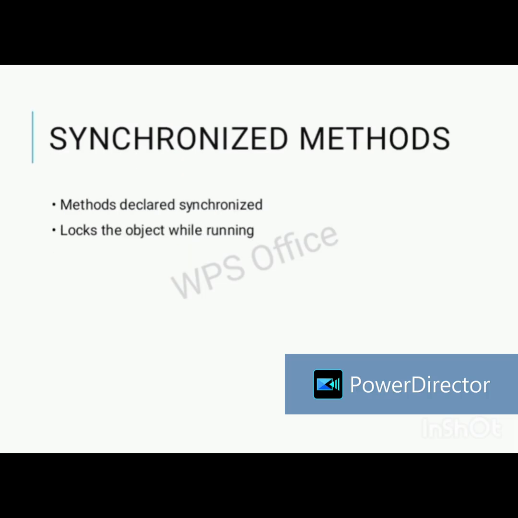Synchronized methods. Synchronized methods in Java are used to prevent multiple threads from executing critical sections of code at the same time. When a method is declared with the synchronized keyword, the thread must acquire the intrinsic lock of the object before it can execute that method.